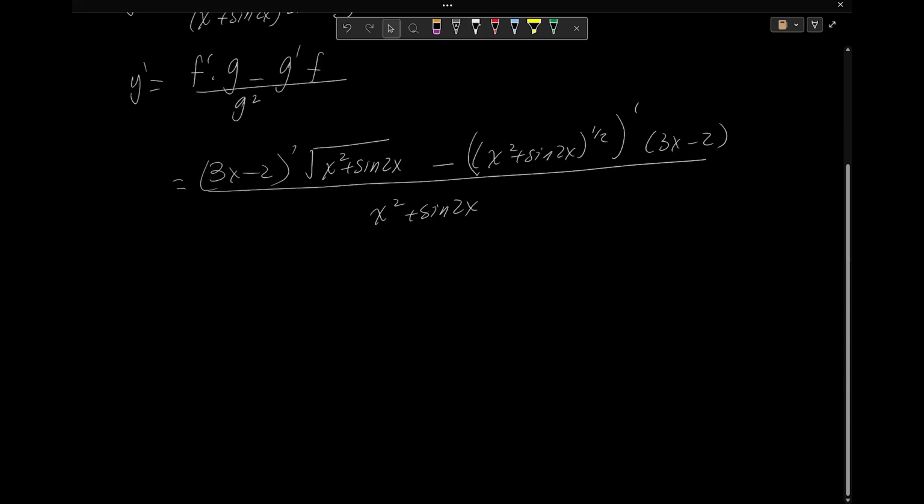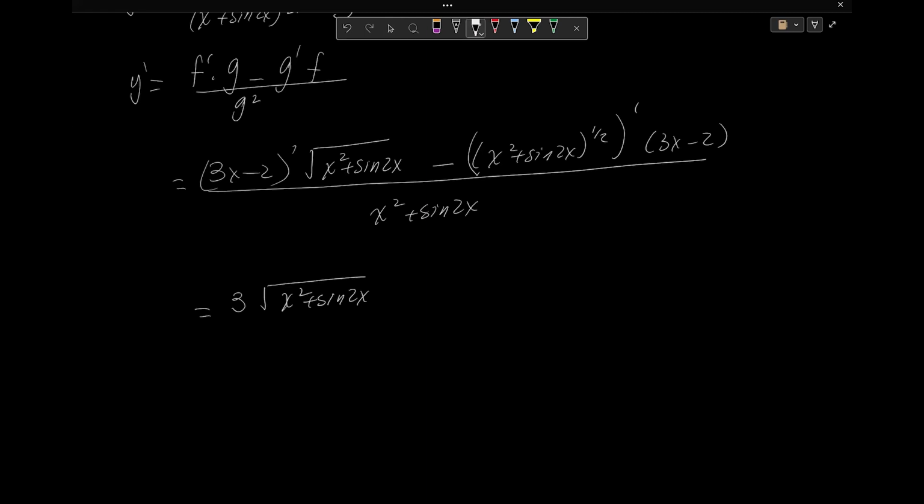When I square, the square root goes away. So let's take derivatives here. What's the derivative of 3x minus 2? That's 3. Straight line, slope. Now, what's the derivative of this? Again, here we see something to a power. So we take the derivative of that something. So that's 1/2 x squared plus sine 2x to 1 less power times the derivative of that something.